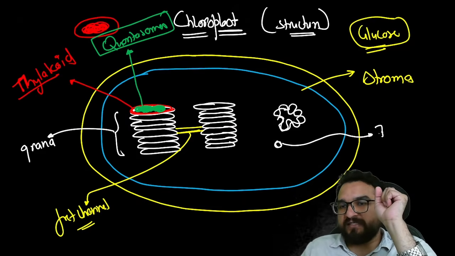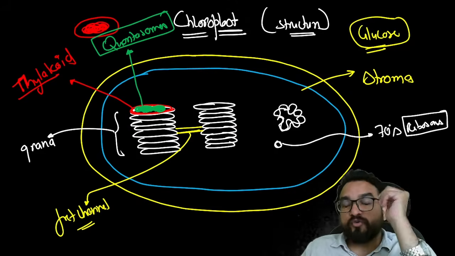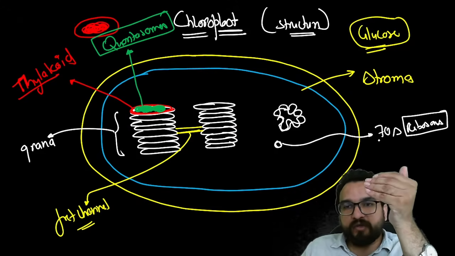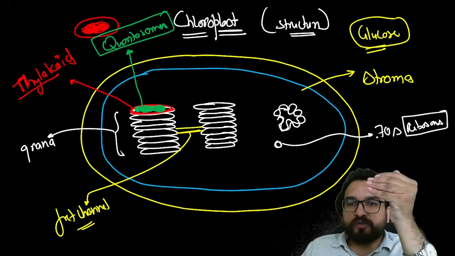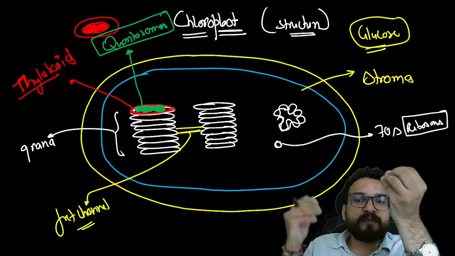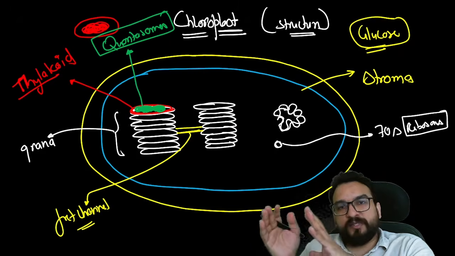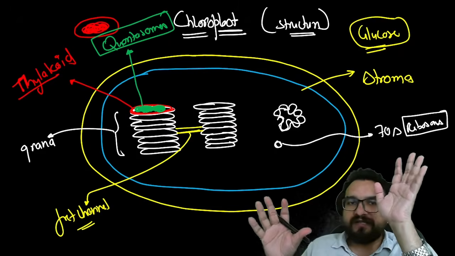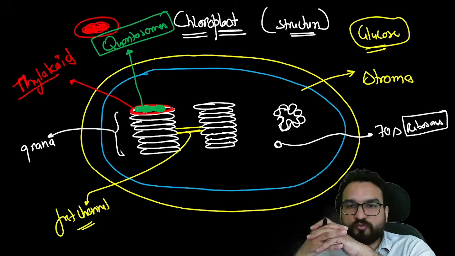And this ribosome is a 70S ribosome, which is primarily found in prokaryotes. But we are eukaryotes, and in eukaryotes, I will tell you, 80S ribosome is found. There you will clearly know the difference between 70S and 80S. Don't worry about it. After this, we have to see ribosome only.